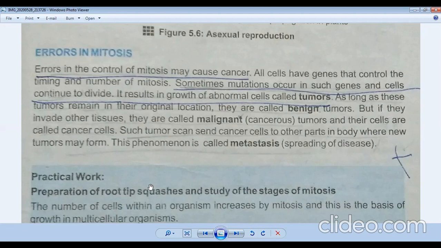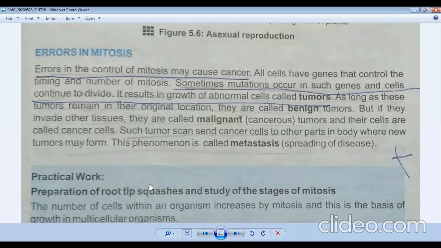Today we have discussed the importance of mitosis. Importance means it helps in development and growth. It helps in regeneration. It helps to repair damaged tissues. It helps with replacement and production of red blood cells, and it helps in growth.